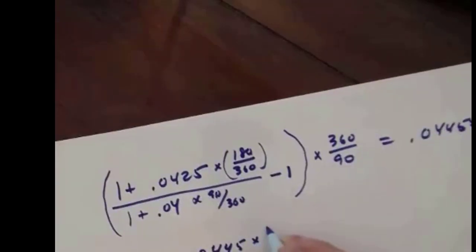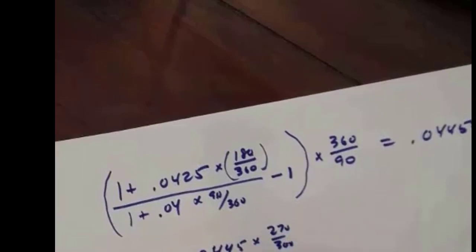This is for 270 out of 360 days. We're going to divide it by 1 plus 0.0425, adjusted for the fact that that covers half a year.